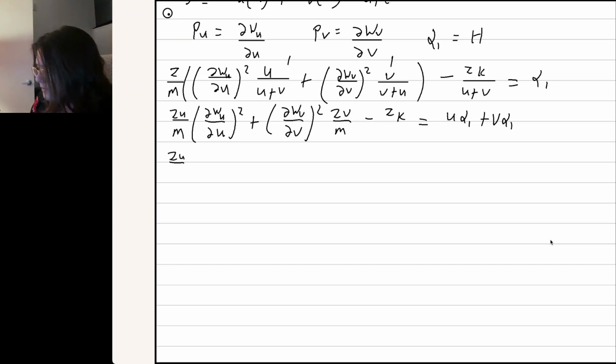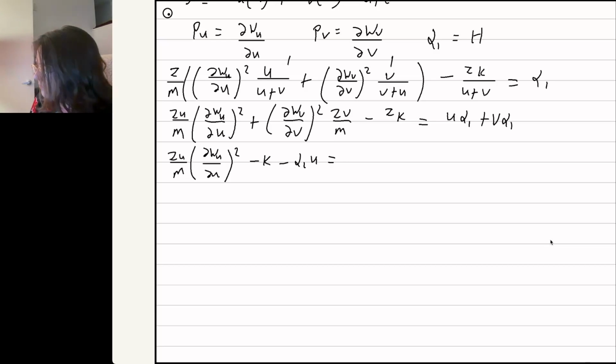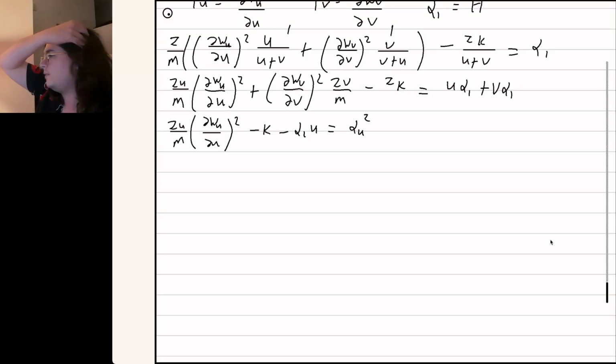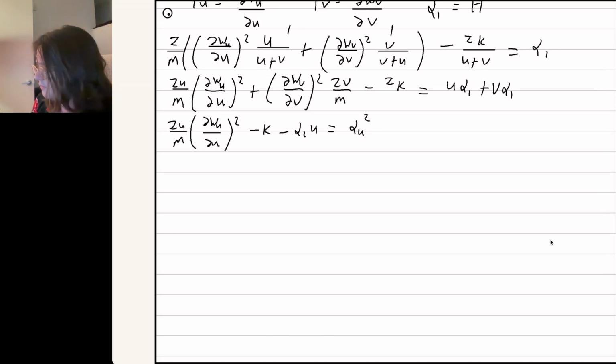So just taking half of this function, the stuff that is dependent on u: 2u over m (del W_u over del u) squared minus k minus alpha 1 u, will have it be called alpha u squared, which we can then solve.